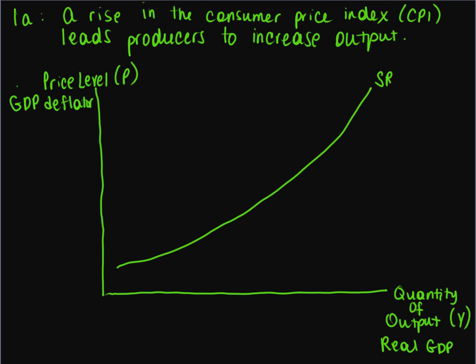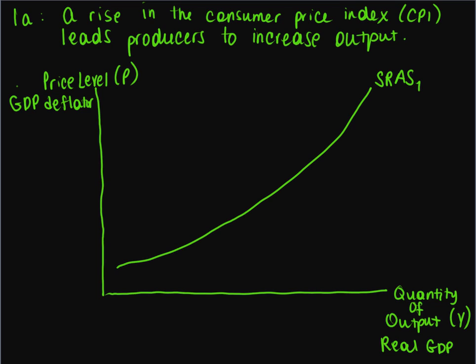I'm going to graph a hypothetical short-run aggregate supply curve. Remember, in class we discussed two aggregate supply curves. In the short run, we argued that suppliers can't change their production costs, and so our short-run aggregate supply curve rises from left to right, because the only option they have when the price level falls is to cut their supply.